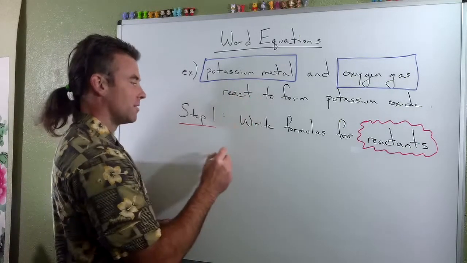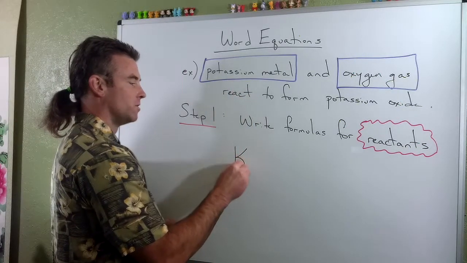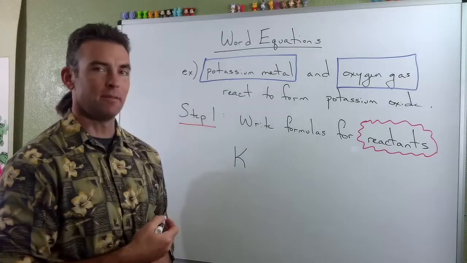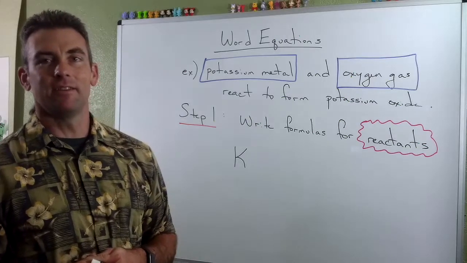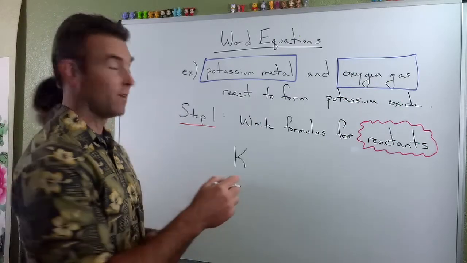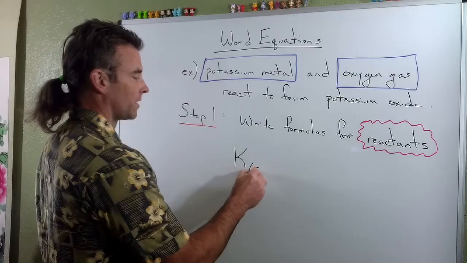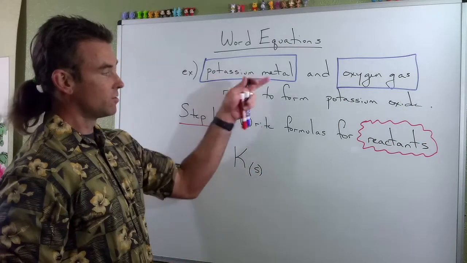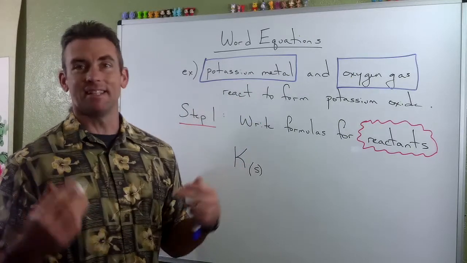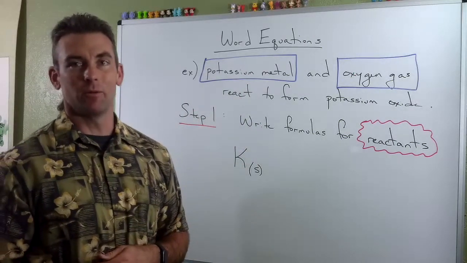For potassium metal, we don't have to do too much work other than finding potassium on the periodic table. But how do I indicate that it's a metal, or that it's in the solid phase? Well, we're going to put a little phase designation there because there's no information that it's anything but a solid, just like a metal normally would be.